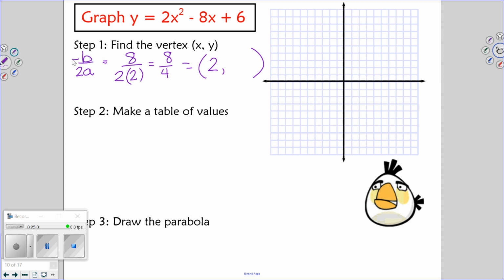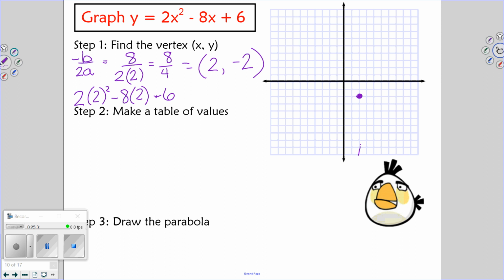Plug it back in, so I'm doing 2 times 2 squared minus 8 times 2 plus 6. She confirmed my mental math: it's negative 2. All right, so can we plot 2, negative 2?